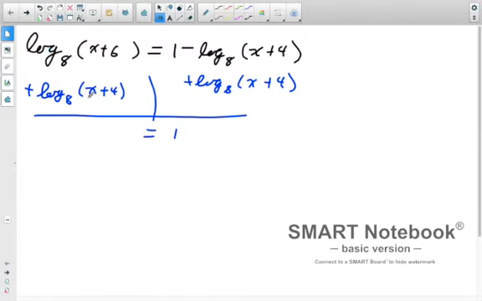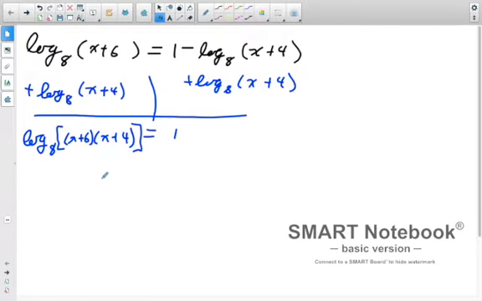Our left-hand side, we're adding logarithms together, so we're adding exponents, which means we can rewrite this as log base 8 of x plus 6 times x plus 4.